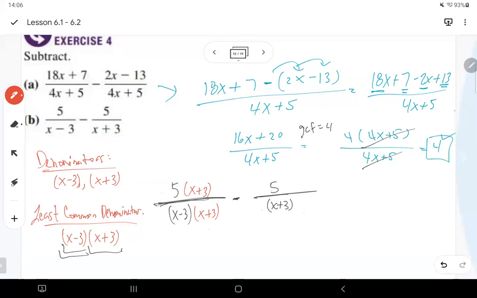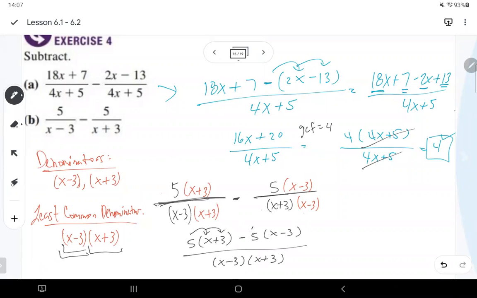Okay, for the second one, it's x minus 3. And what we have to do now is rewrite it, realizing that you have the same denominator. We're going to distribute and then combine our like terms. Remember that negative is going to the second piece.